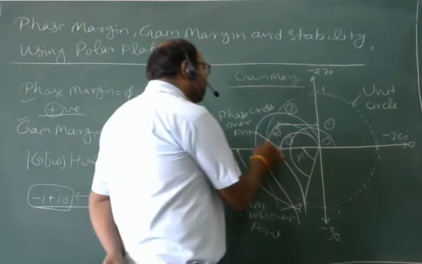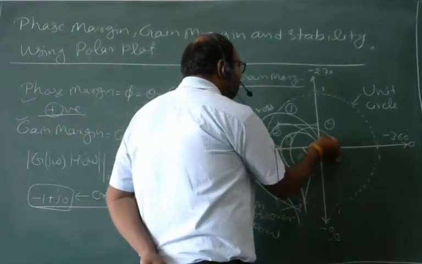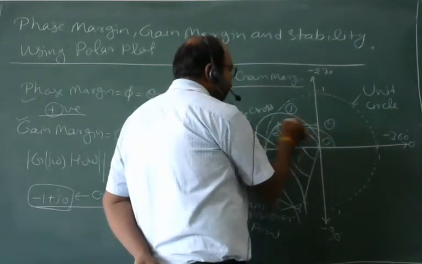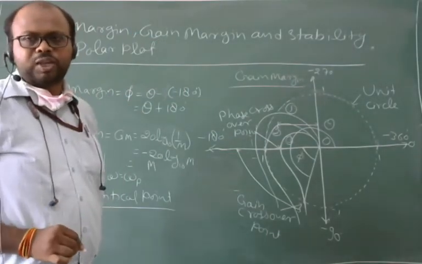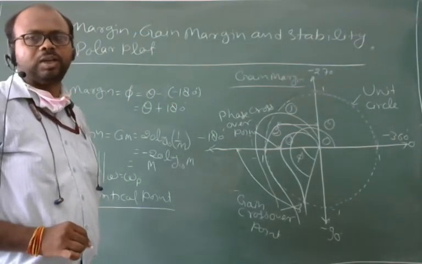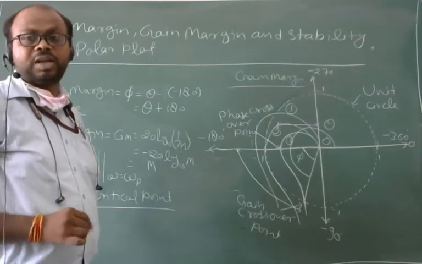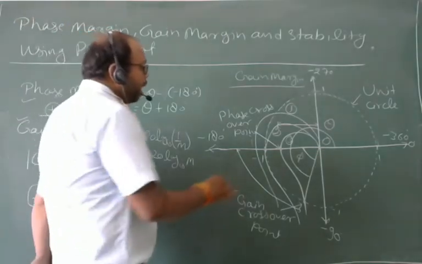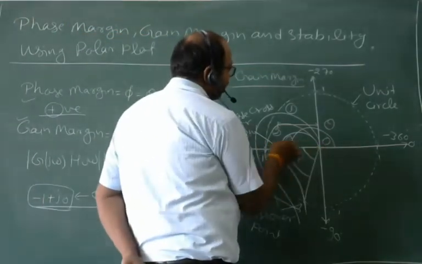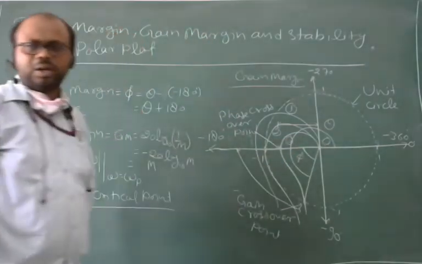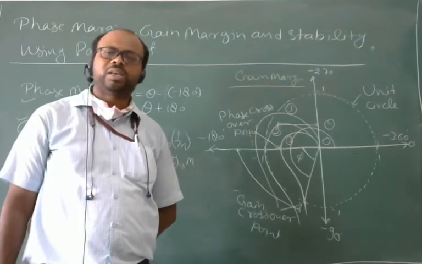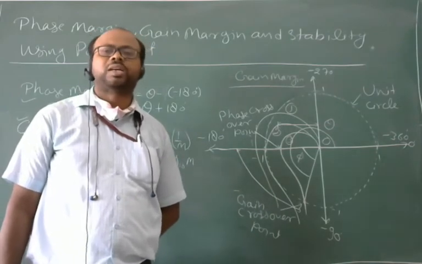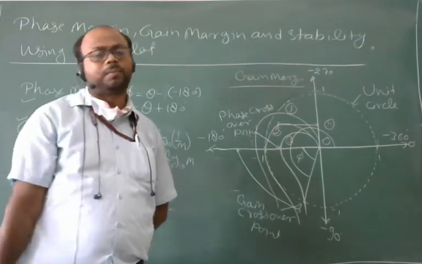And phase margin becomes minus 180 degree plus 180 degree, which is equal to 0 degree. Phase margin is 0 degree. What is gain margin? Magnitude is 1. 1 by 1 is 1. Log base 10 of 1 is 0. So gain margin is 0.